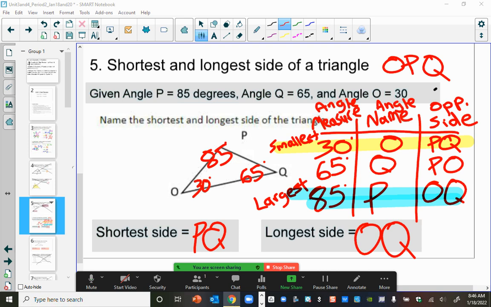The Unit 1 and Unit 2 packets are second quarter grades. So complete this. This is your first third quarter grade. And the Unit 4 as well, because I'm going to tell you what you're going to be doing later today.